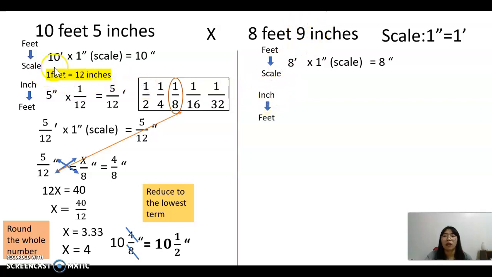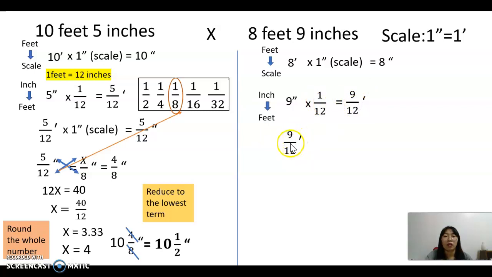So 1 foot equals 12 inches. Then we have 9 inches times 1 over 12. That equals 9 over 12 feet. So 9 inches equals 9 over 12 feet.